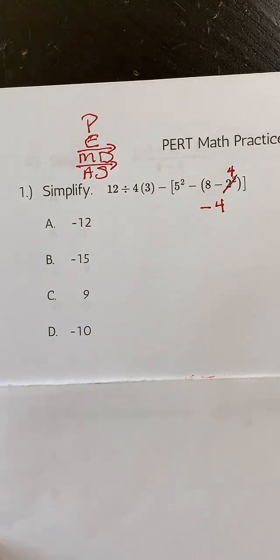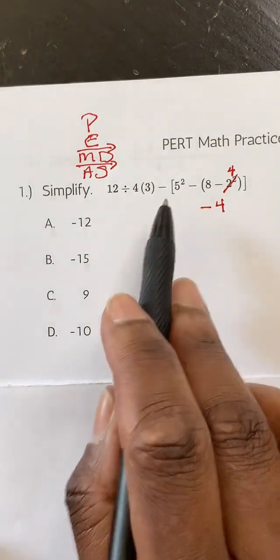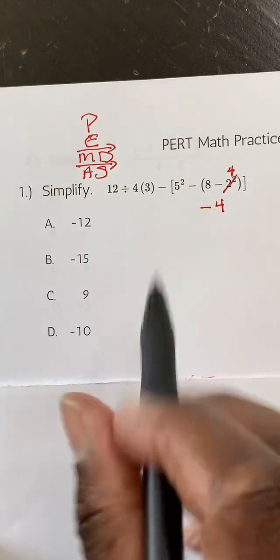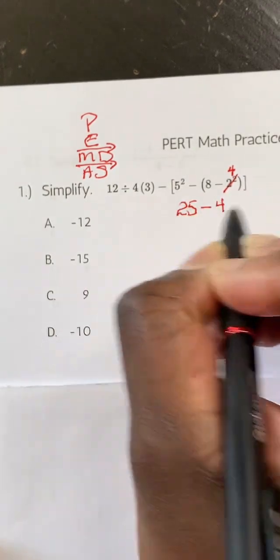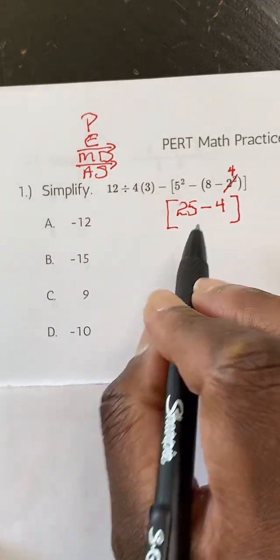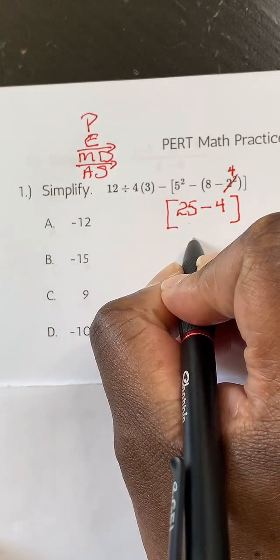There's a minus sign outside that parenthesis, so I don't really need the parenthesis because now I have 5 squared. Now 5 squared is not 10. This means 5 times 5, which gives us our lovely 25. So now, before I do anything, we need to combine that. 25 minus 4 gives me 21.